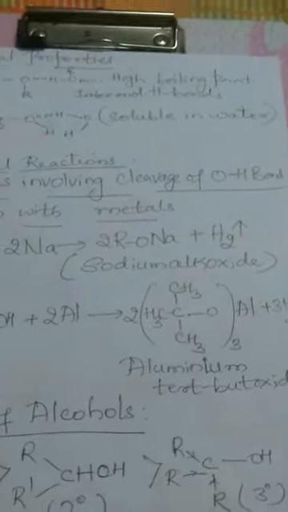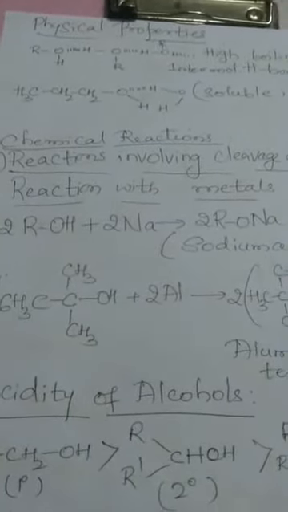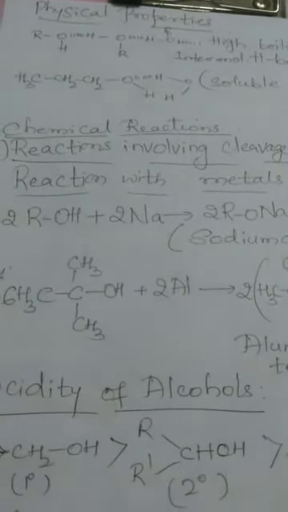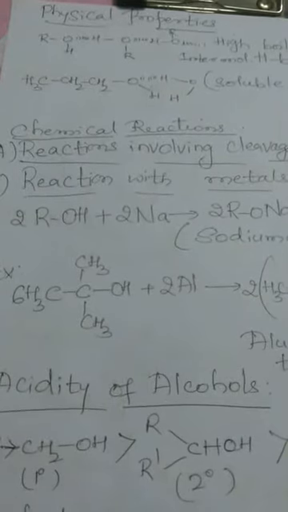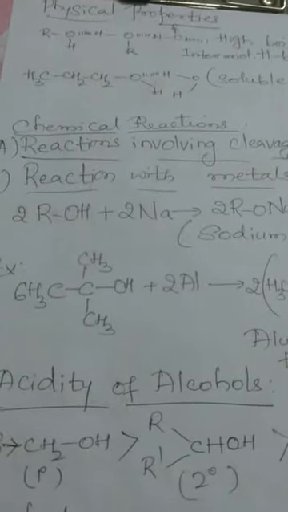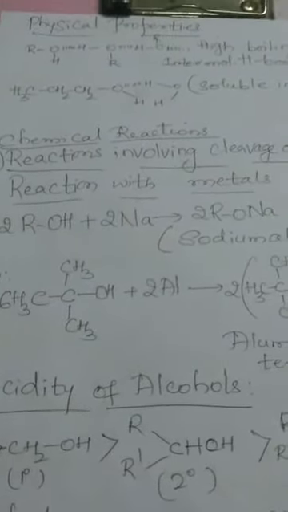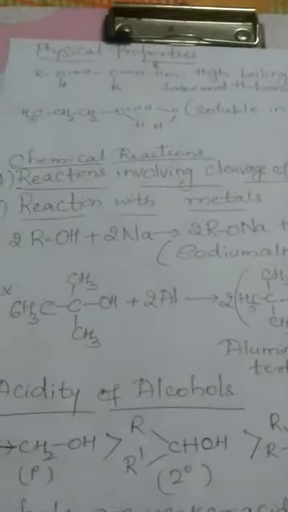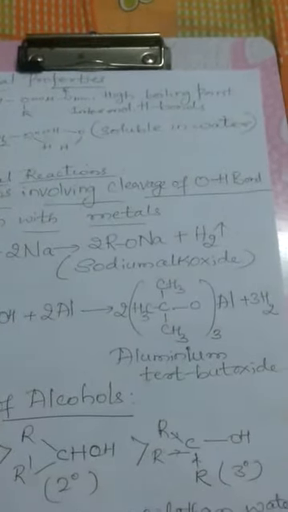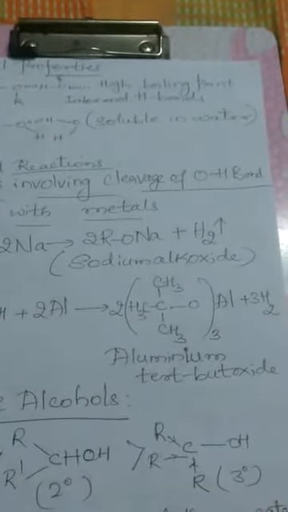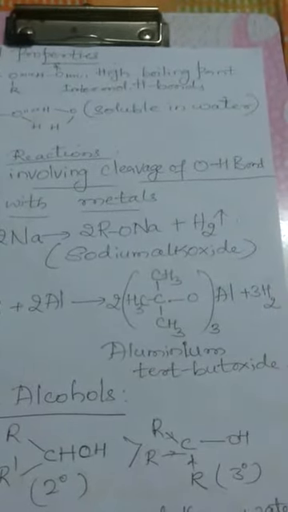One particular example mentioned for you all is the reaction of tertiary butyl alcohol, which also has the IUPAC name 2-methylpropan-2-ol. It reacts with aluminium, Al, to give aluminium tertiary butoxide, displacing hydrogen H2 as gas.